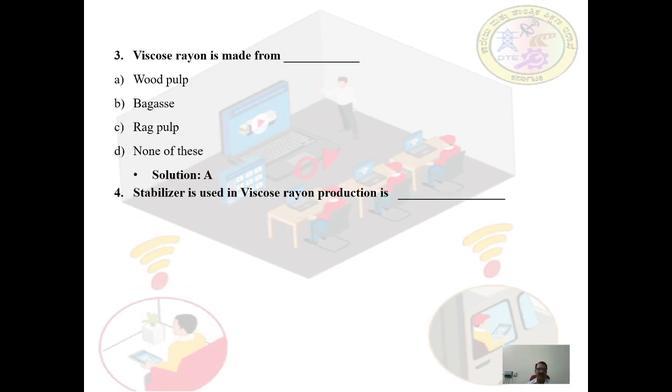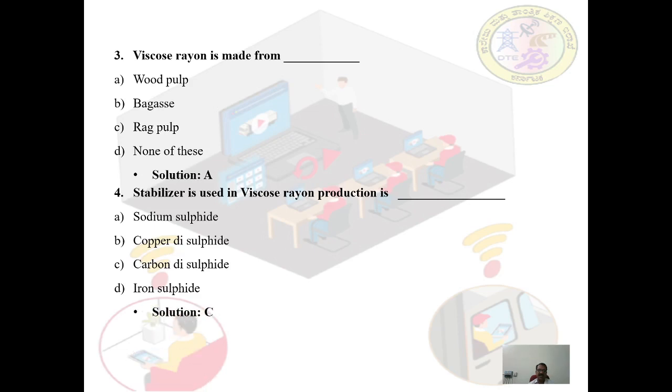Question number 4, stabilizer used in viscose rayon production is dash. Option A, sodium sulfide; option B, copper disulfide; option C, carbon disulfide; option D, iron sulfide. The right answer is option C, carbon disulfide.